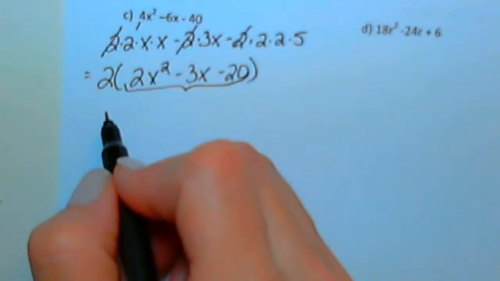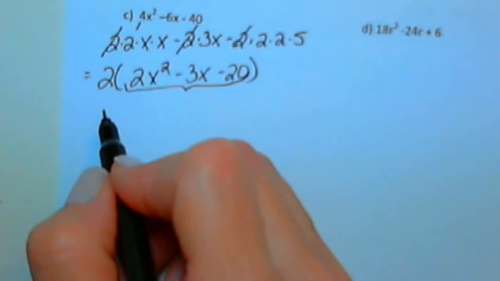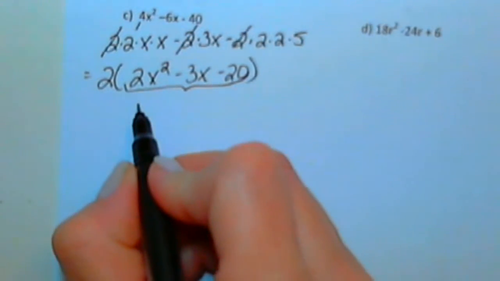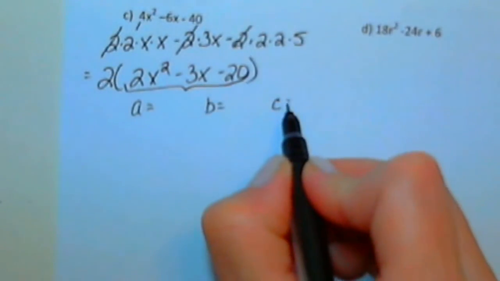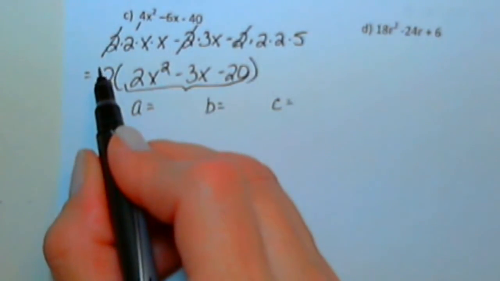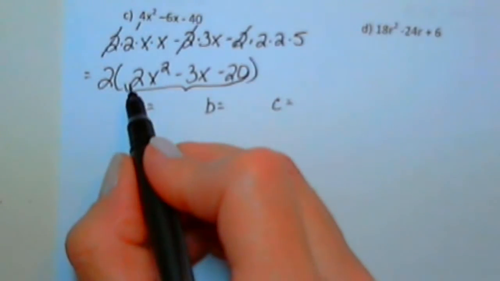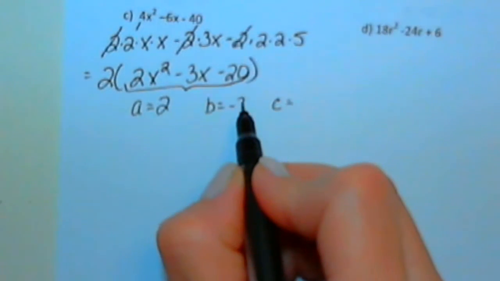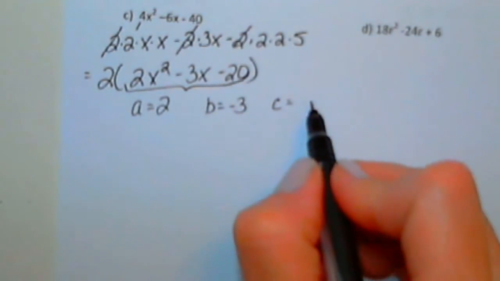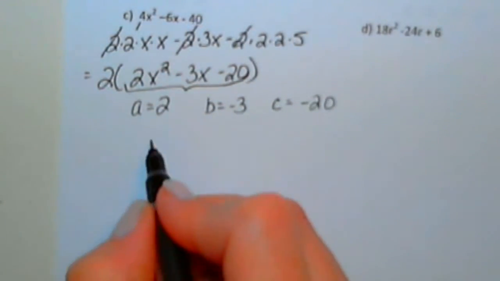It's going to hang out front, but we're not going to actually do anything with it. So a equals, b equals, and c equals. This 2 outside is not part of this at all. What's a? This 2. What's b? Minus 3. What's c? Minus 20.